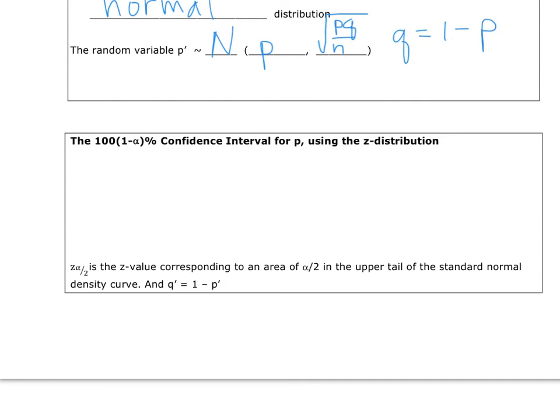So the 100 times 1 minus alpha percent confidence interval for P, using the Z distribution, is: we take P prime, add and subtract the margin of error, which has a Z value, the Z value such that we have alpha over 2 in the tail, and then we multiply it by the standard deviation of P prime, which is the square root of P prime times Q prime over N. Since we don't have access to P or Q, those are what we're trying to estimate, we use the sample proportion, and then 1 minus the sample proportion, where we remember that Q prime is 1 minus P prime.